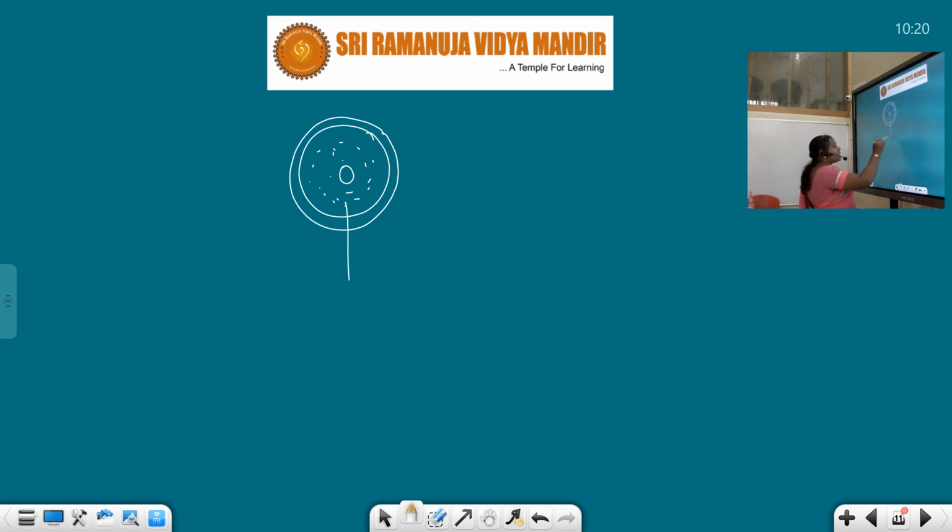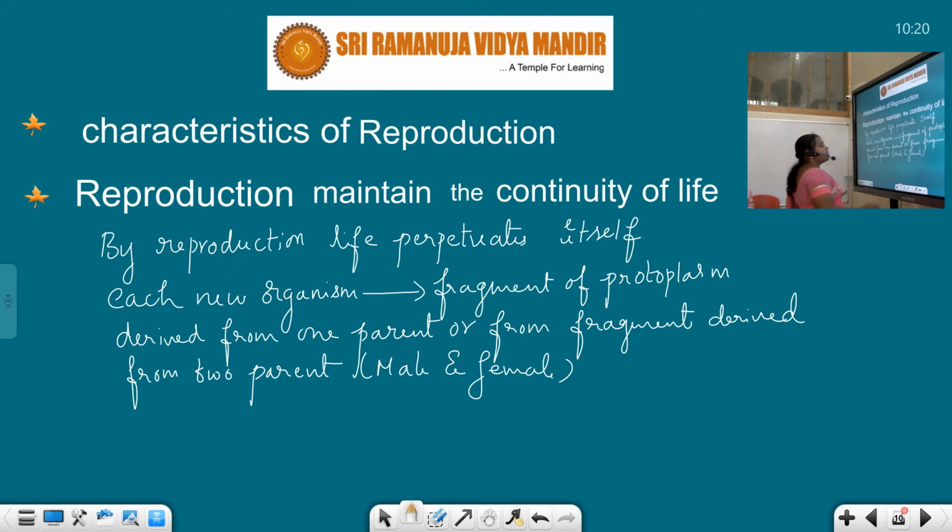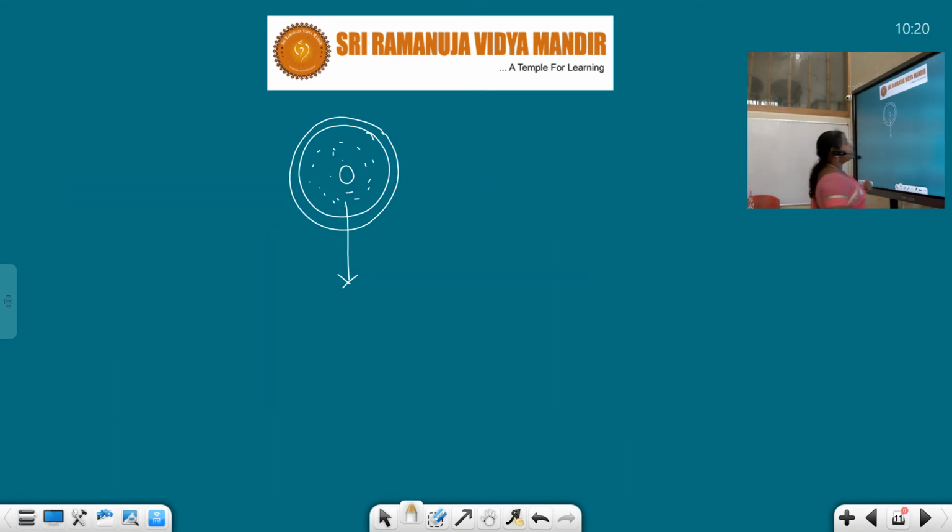This cell is going to give rise to another cell, a fragment formed from the protoplasm derived from one parent or from two parents. The jelly-like substance which is present in the cell is known as cytoplasm, that you all know, students. Cytoplasm with the nucleus is known as protoplasm.